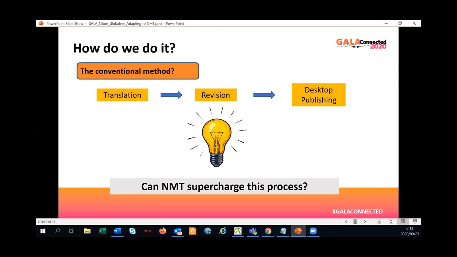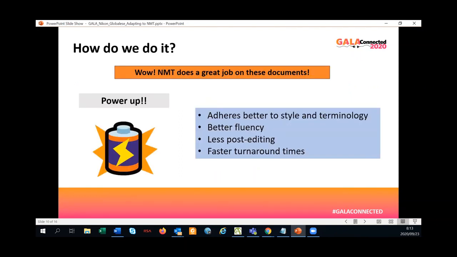We were looking at different vendors and doing a lot of in-house evaluation. When we tested several different systems, in particular the Globalese system around 2017, we found that the NMT quality was much better than the previous SMT we were using, as I'm sure everybody's had that same experience.